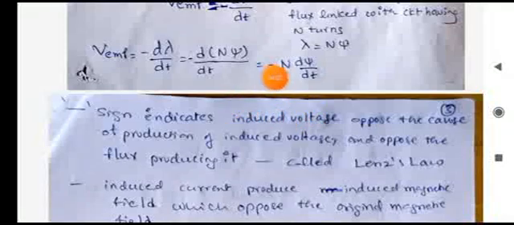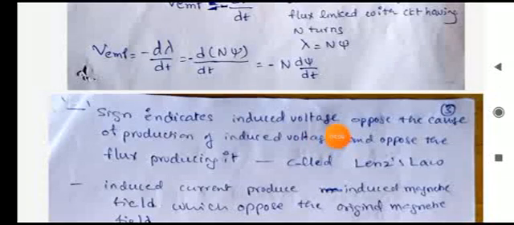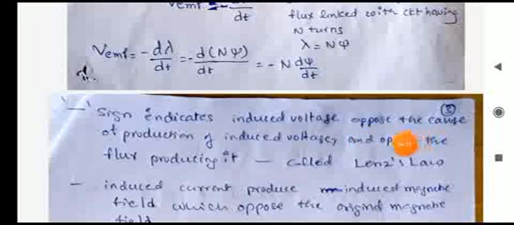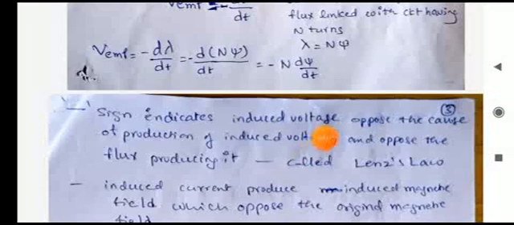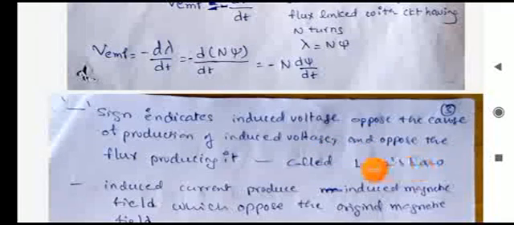What is the meaning of the negative sign? The negative sign indicates that the induced EMF opposes the cause of its production. It opposes the flux producing it. It is called Lenz's law.